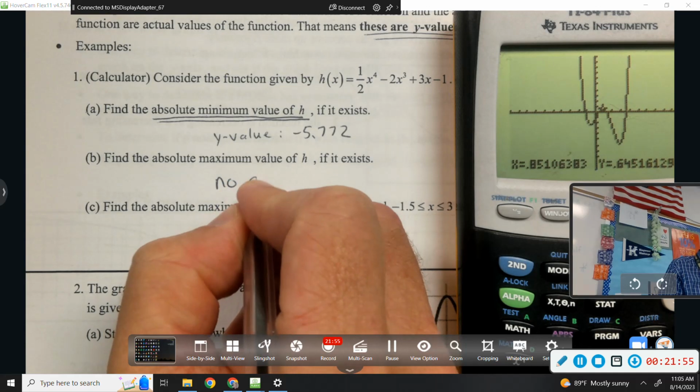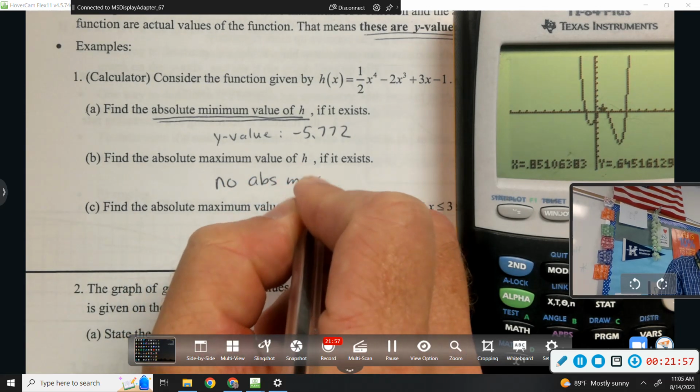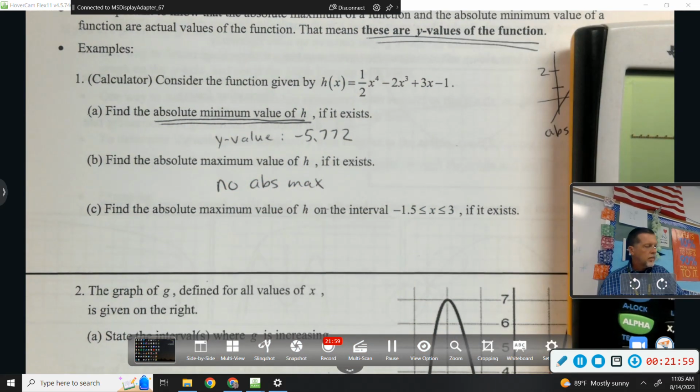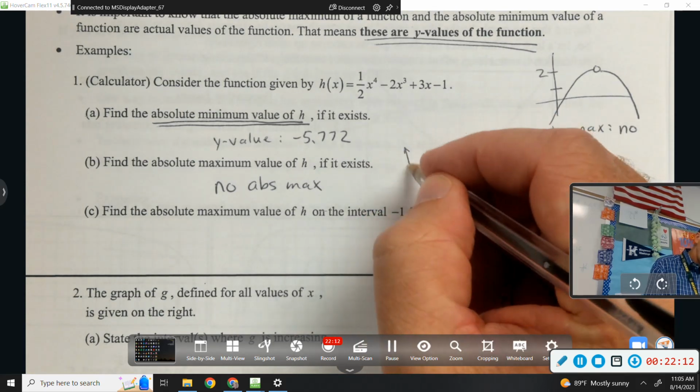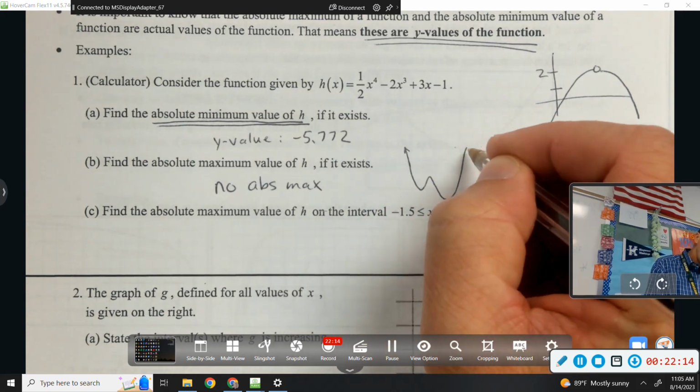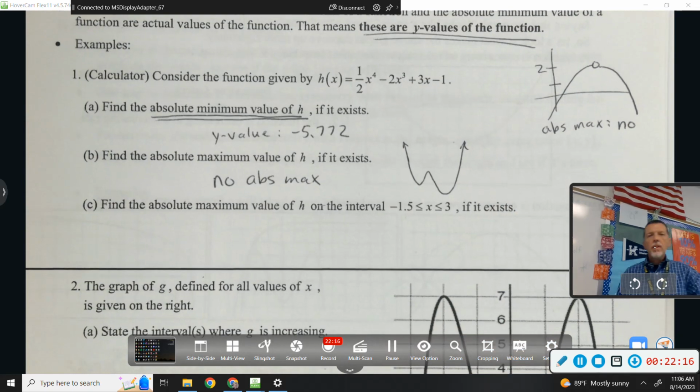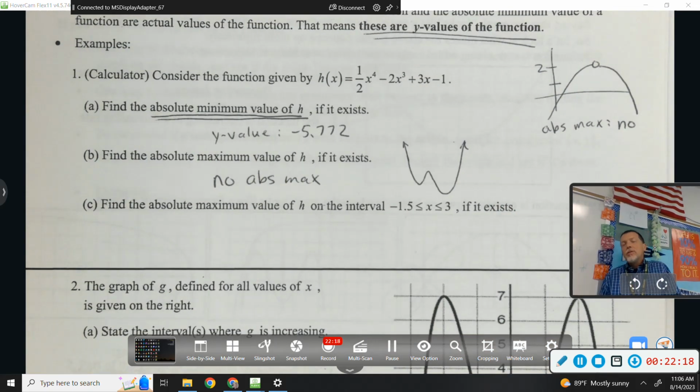It doesn't have an absolute max, because it just goes off the page. You could say it goes to infinity. That would be correct, but it does not have a maximum.